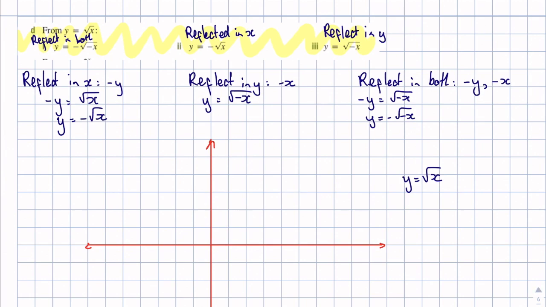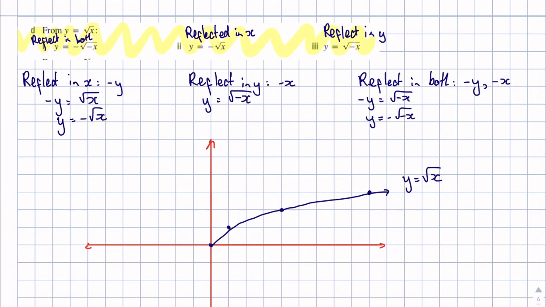But if we were to draw it better, then if x is 0, y is 0. If x is 1, y is 1. If x was 4, y would be root 4, which would be this one. If x is 9, then y would be 3. So we're going to go through there, but we're going to draw it a lot nicer.